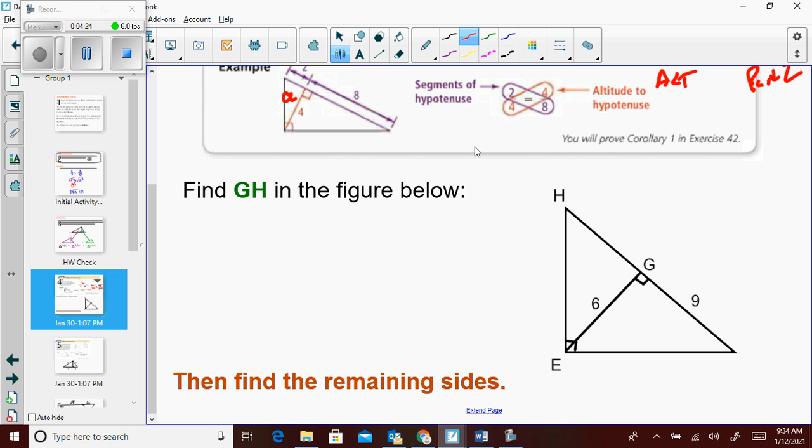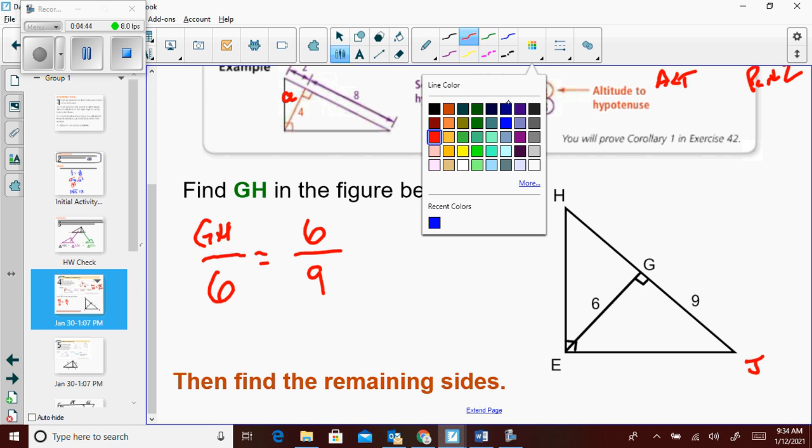So let's look here. We want to find GH. I have the altitude. I don't know GH, but I have the other part, which I don't know the letter's missing. Let's just call it J. It doesn't matter. It is 9.